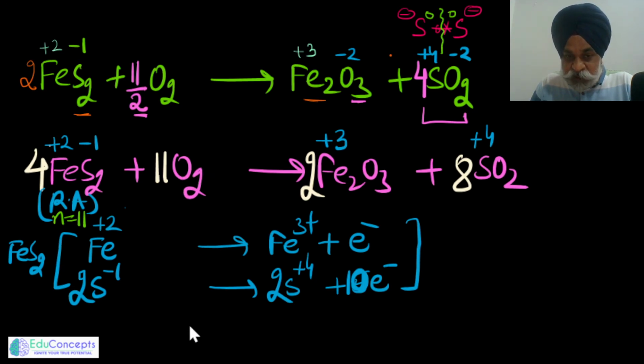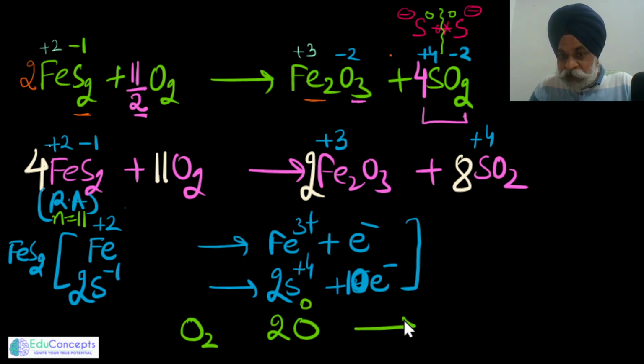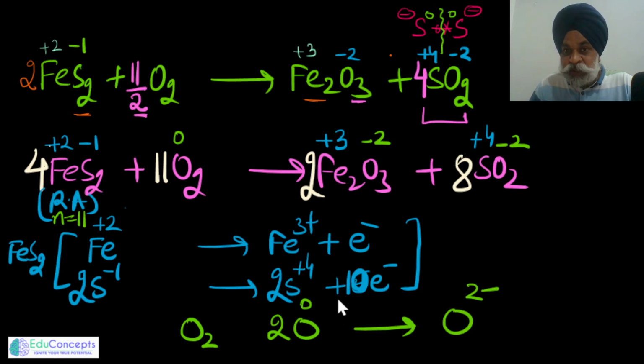Now if I take this oxygen as O2 and write it like this, 2 oxygen atoms in 0 oxidation state, when this oxygen goes from 0 oxidation state to -2, on both sides it goes to -2. So oxygen reaches the -2 oxidation state. What does it mean? That it has taken how many electrons?